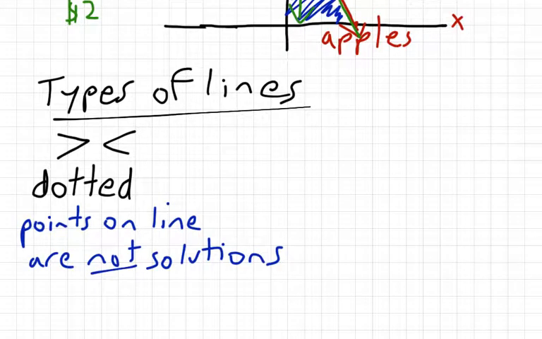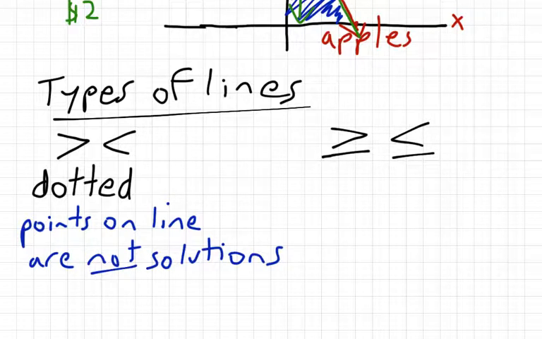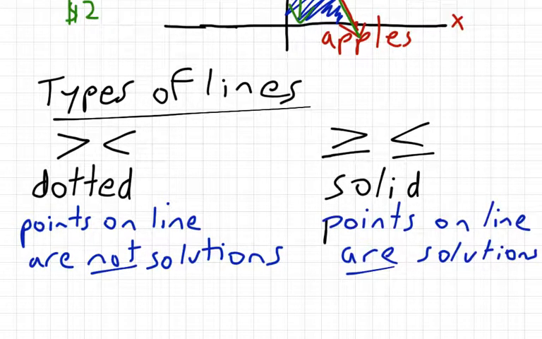And this means that points on the line are not solutions. Alright, well, what if we had greater than or equal to or less than or equal to? Well, if the other one was dotted, then that means these are going to be solid lines. And this means that points on the line are going to be solutions.